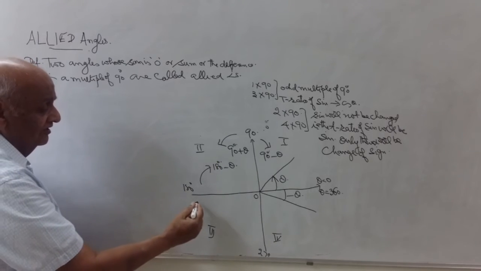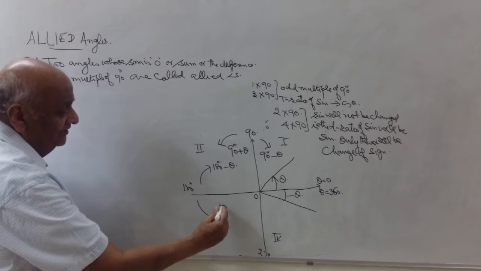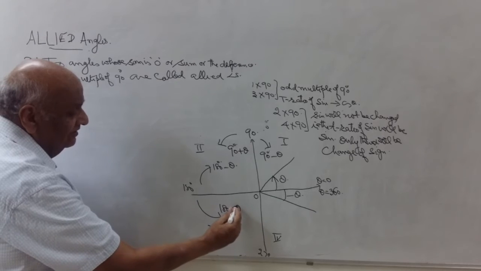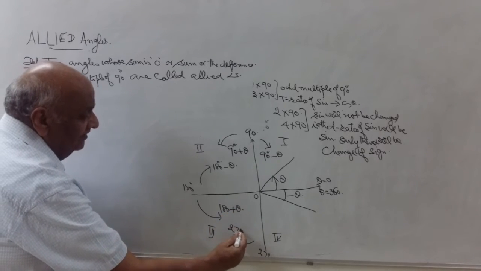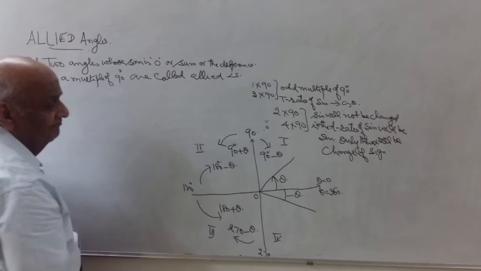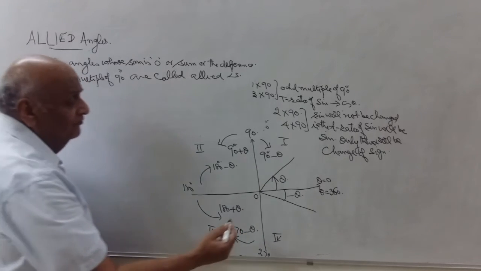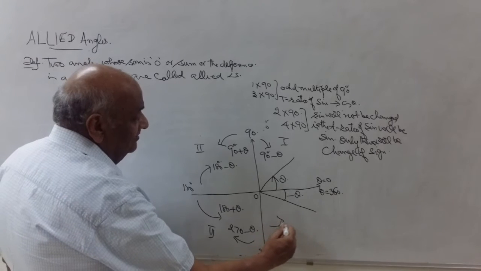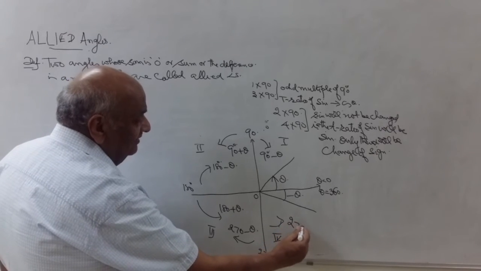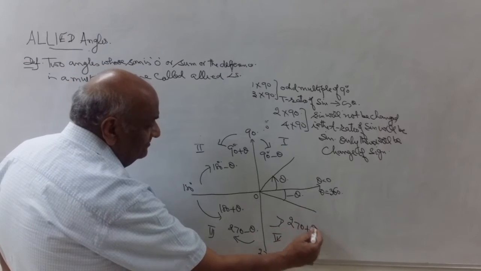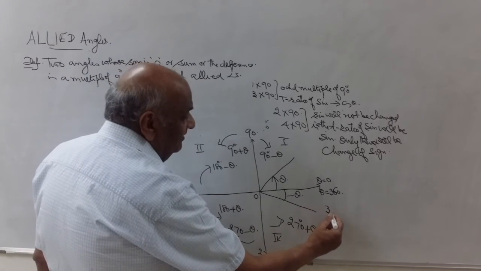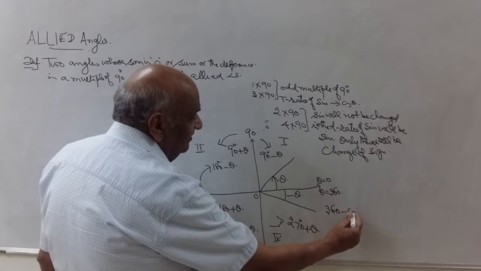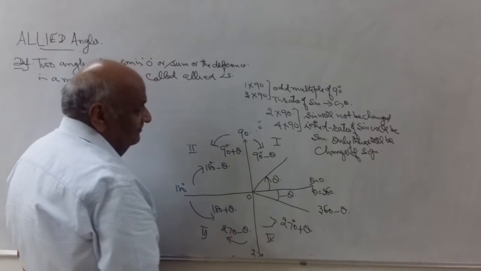In the third quadrant you have 180 plus theta, or it becomes 270 minus theta. But when you enter the fourth quadrant, it becomes 270 plus theta, or in the fourth quadrant also 360 minus theta.